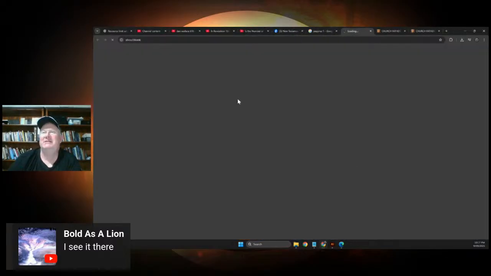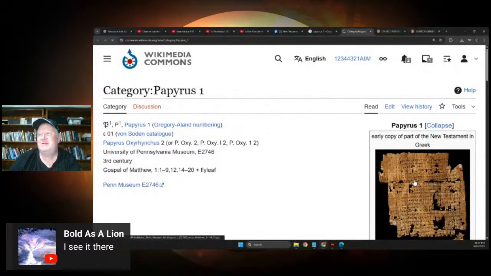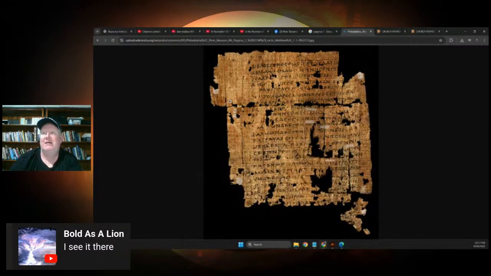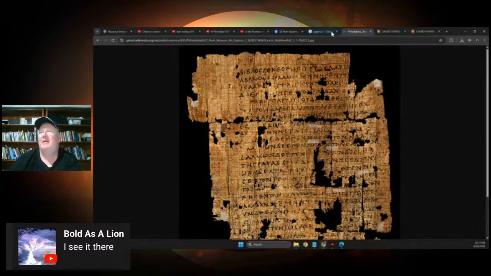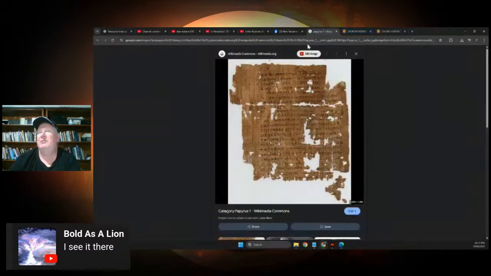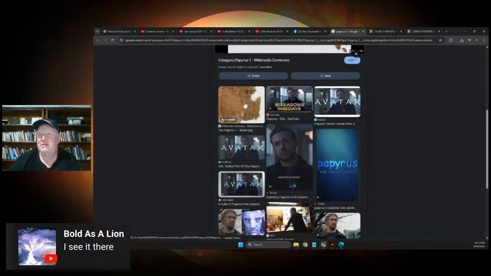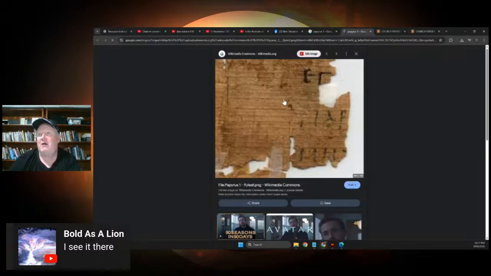Wikipedia Commons, let's see if that's got a bit more of a high res. Maybe that was the one I was just showing you. Yeah, I think it is. So let's move on from there. I was looking at actually Papyrus 1 Flyleaf. That's really quite high definition.